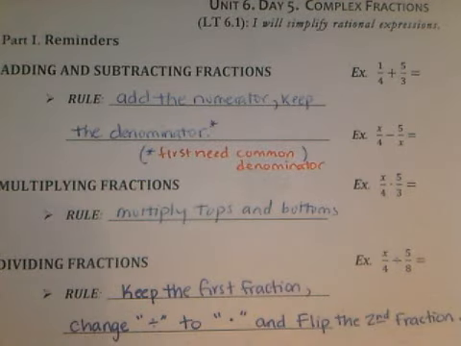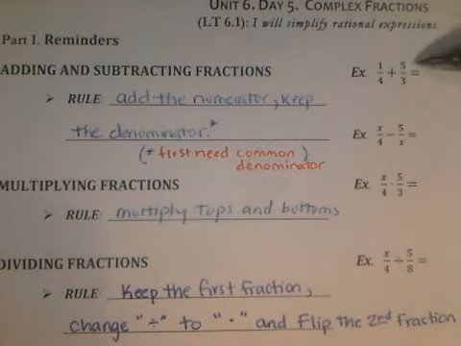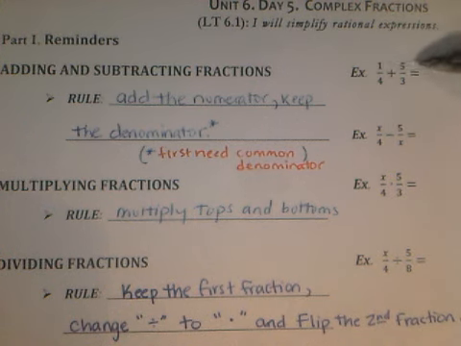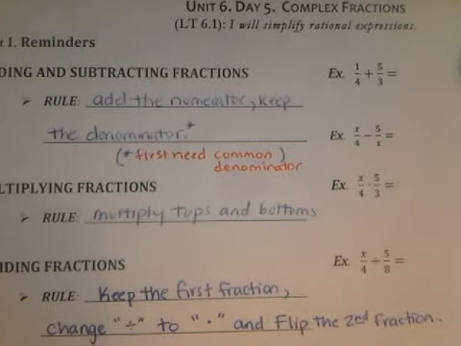So for example, if I were to add 1/4 plus 5/3, before I can add the two numerators, I need to get a common denominator on the bottom. In this case, 4 and 3 can both be turned into 12. They're both factors of 12.